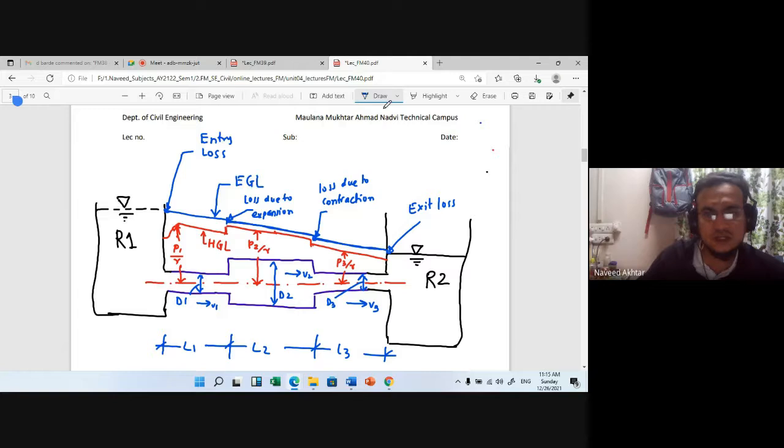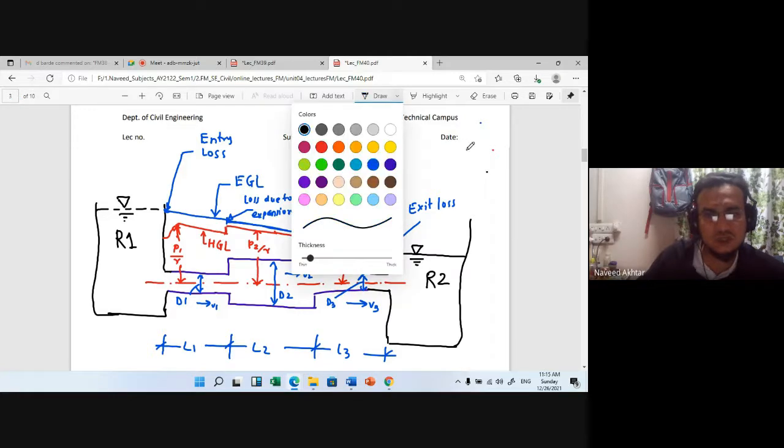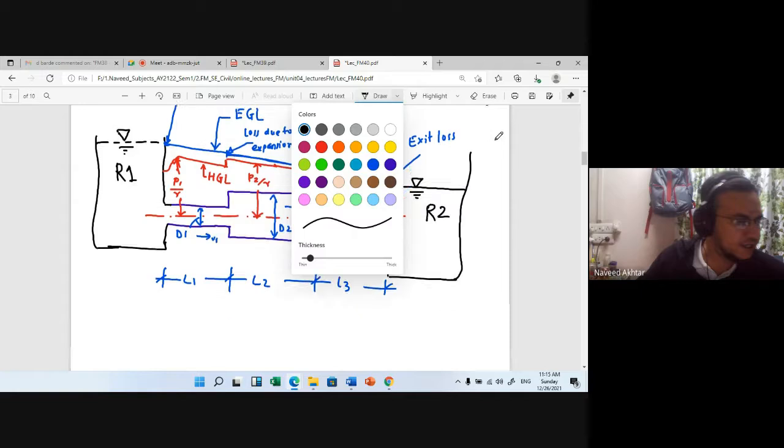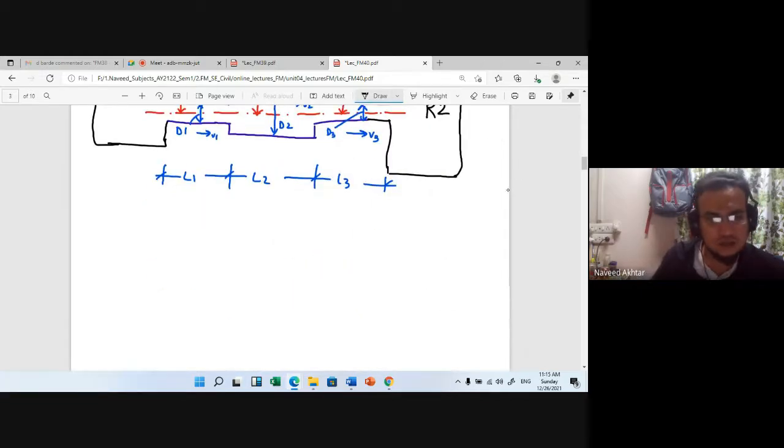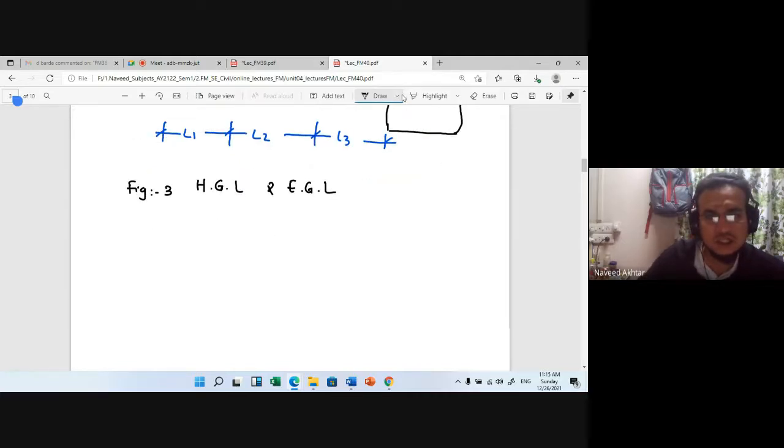So this figure shows the EGL and HGL. This is figure number 3. This is HGL and EGL. HGL is the hydraulic gradient line.